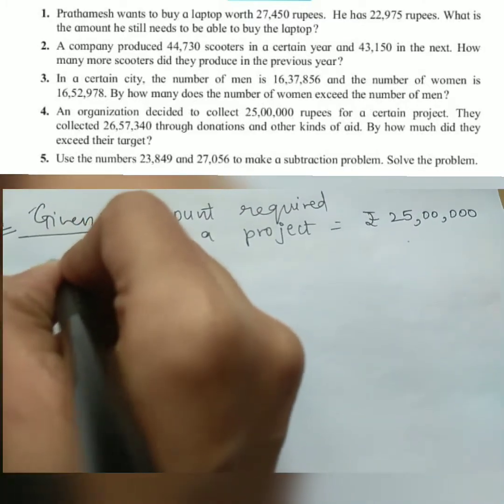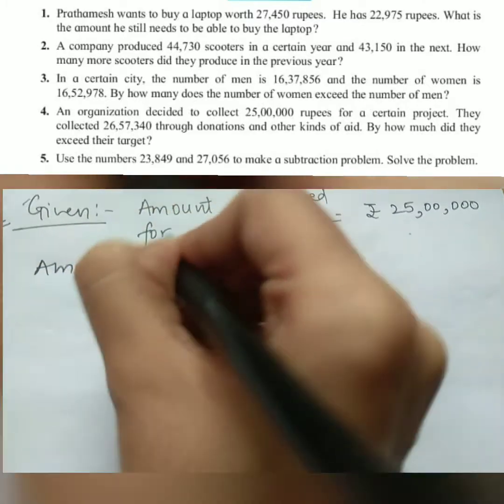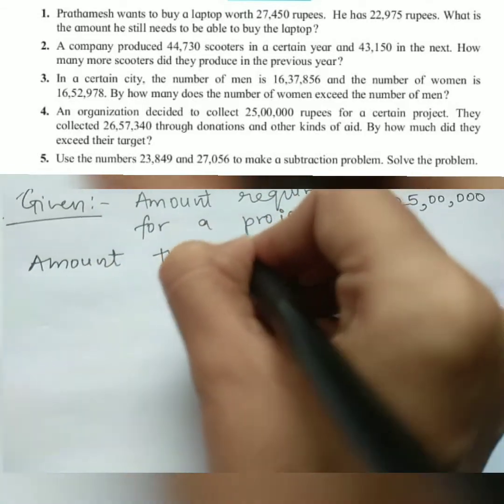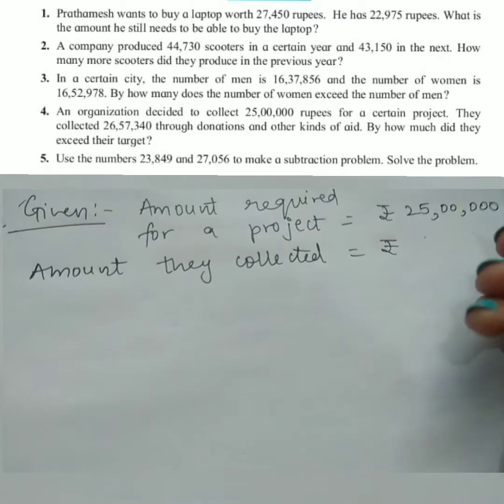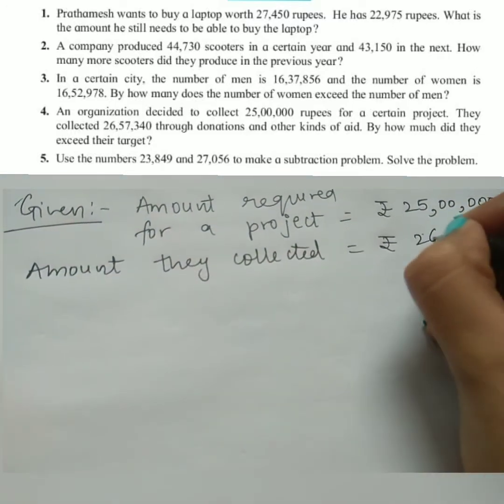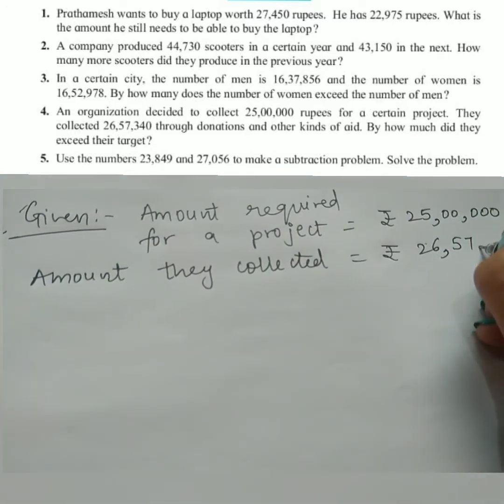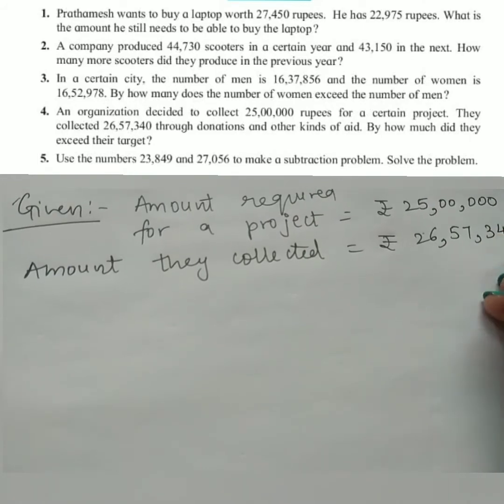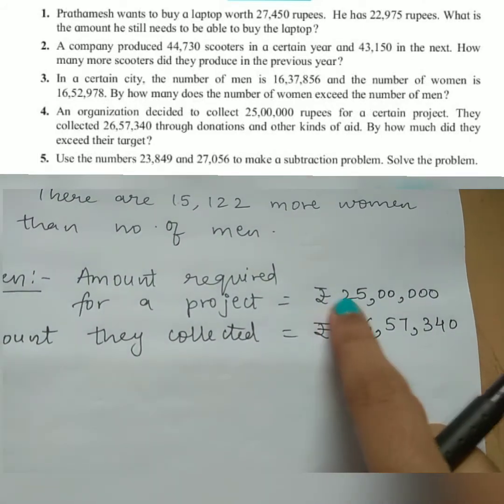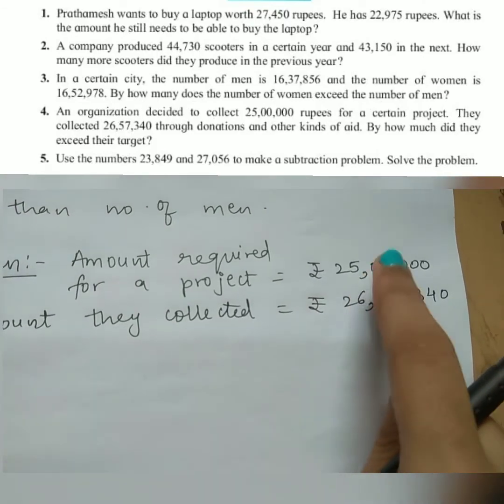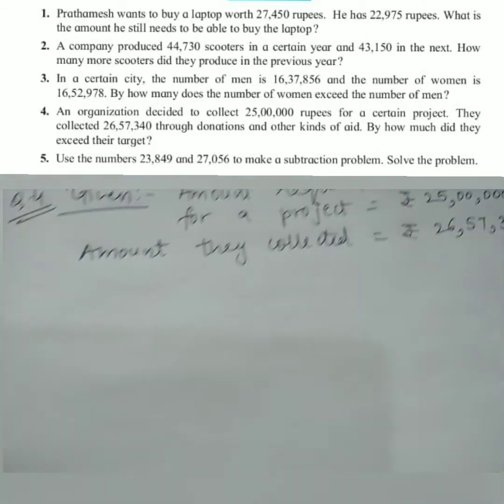Next, amount they collected. How much amount they collected? They collected 26 lakh 57,340. So obviously they collected more amount than they wanted to collect. How much more did they collect? We have to find that.